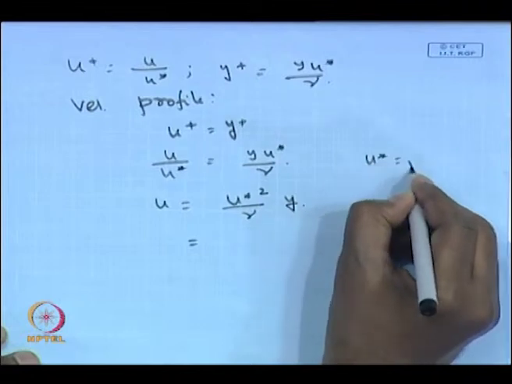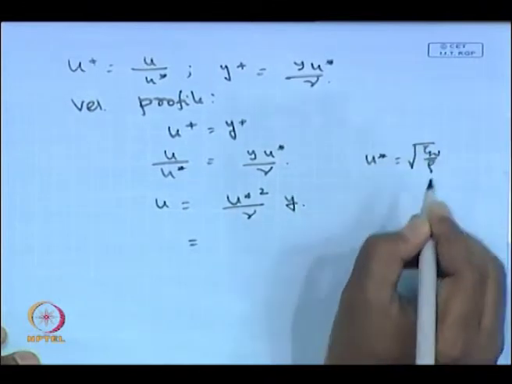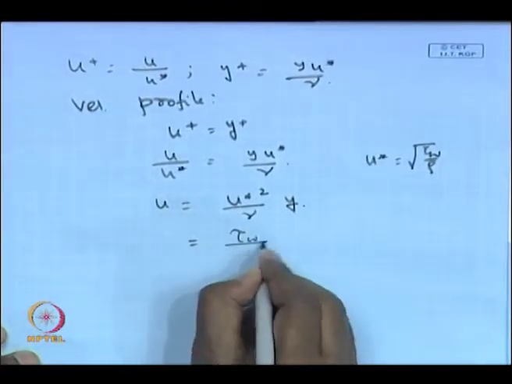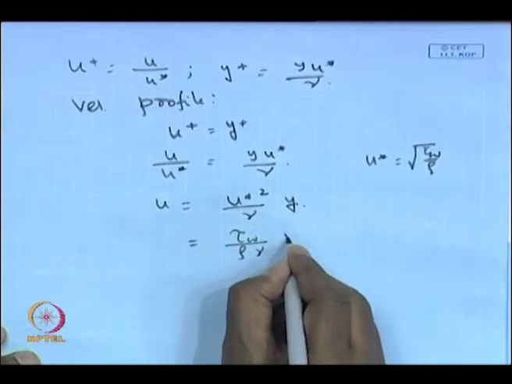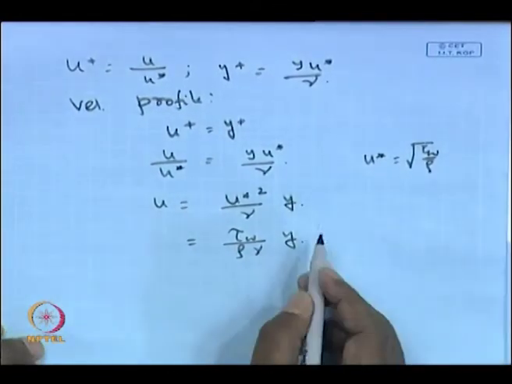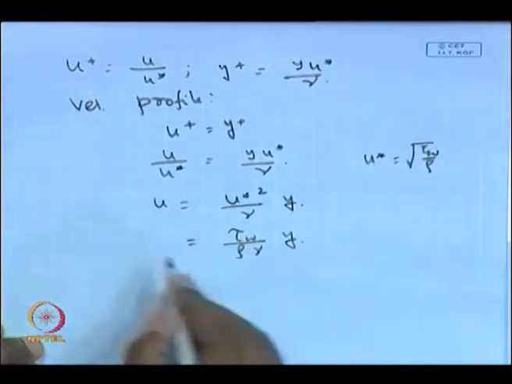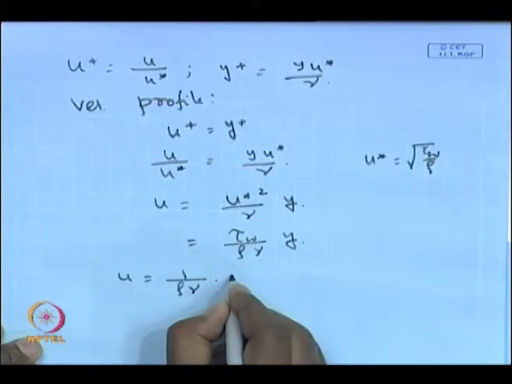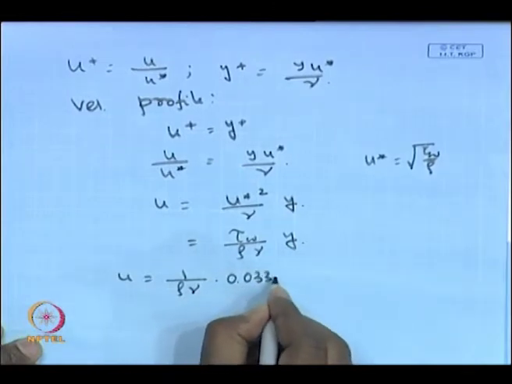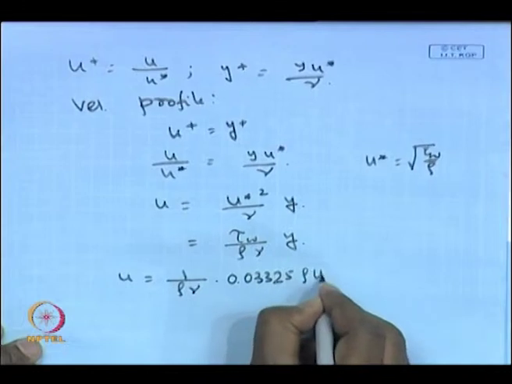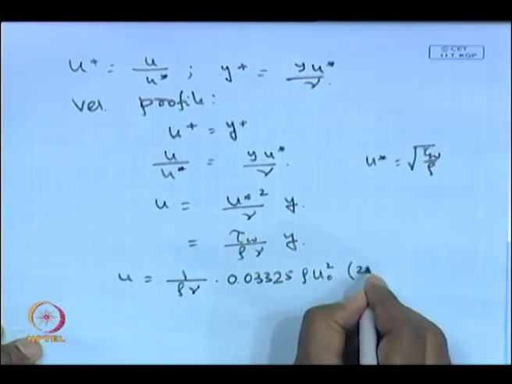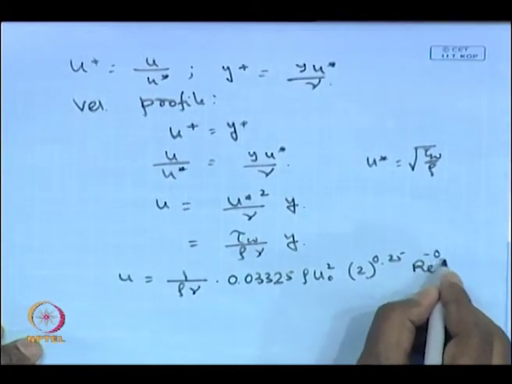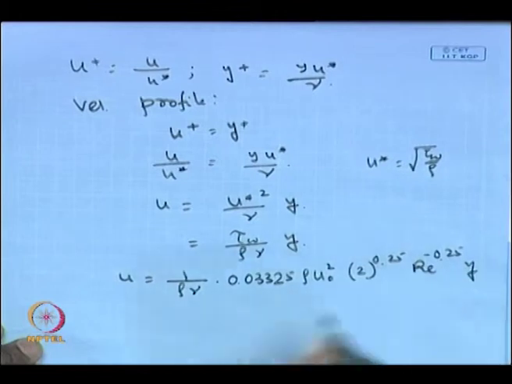u star was under root tau w by rho. So, u star square will be tau w by rho. So, it will be tau w by rho times nu multiplied by y, and now you put the expression of tau w that we have written earlier. So, this becomes 1 by rho nu, 0.03325 rho u naught square 2 to the power 0.25 Reynolds to the power minus 0.25 times y.